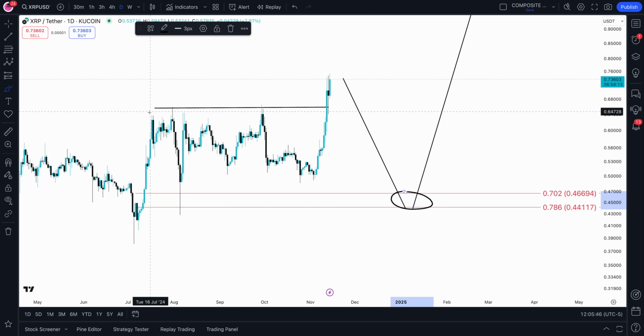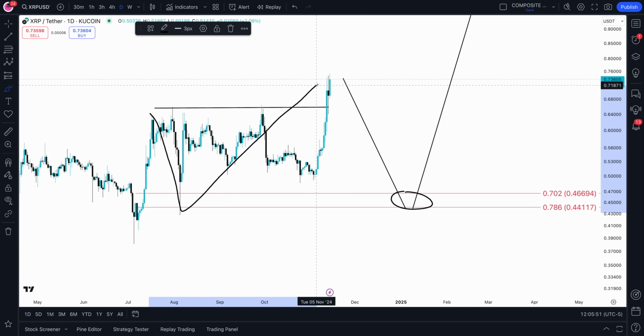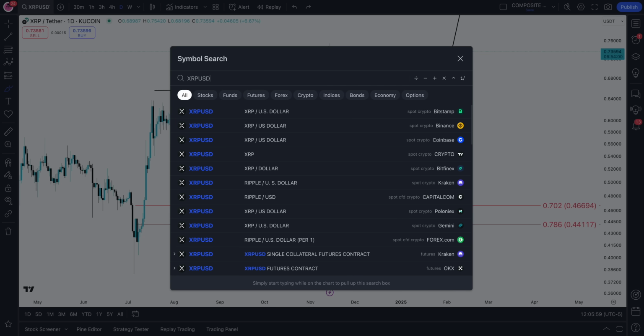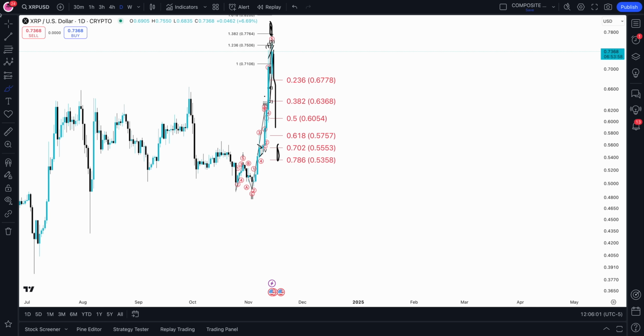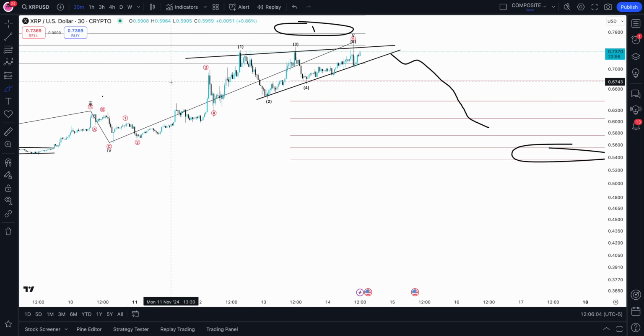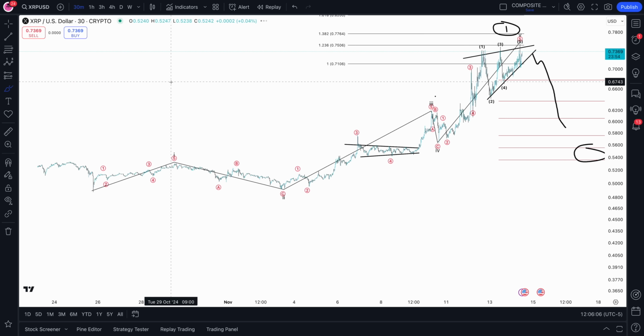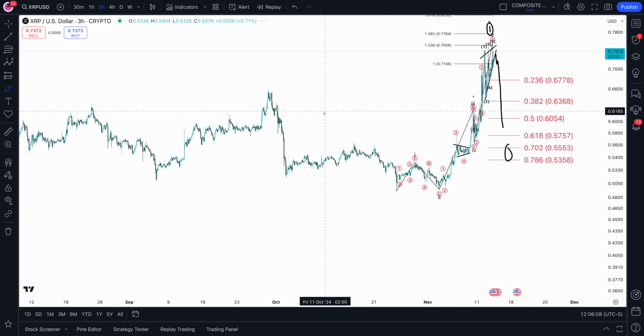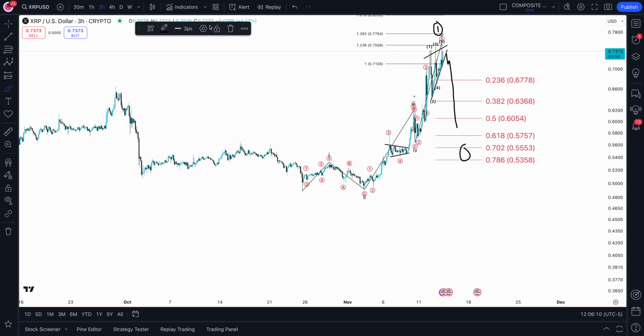This could have been, and then that would make this a W. This would be your X with deviation above the highs, and then you have your Y wave or an ABC, however you want to look at it. But so far, this is the count on XRP. Super bullish on XRP, and I still do think that $1.10 to $1.30 can get hit if we continue to march on higher.